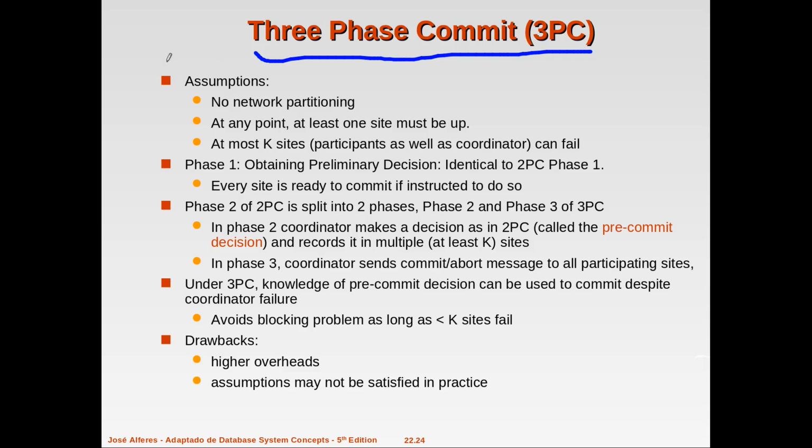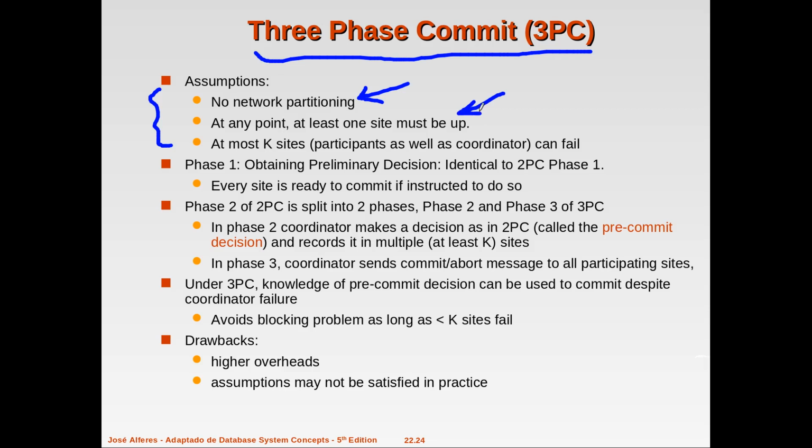In this protocol, we are taking some assumptions. We are assuming that there are no network partitions, so we are not at all considering a network partition. Also, at any point at least one site must be up, so we cannot consider the situation where all the sites are under failure.